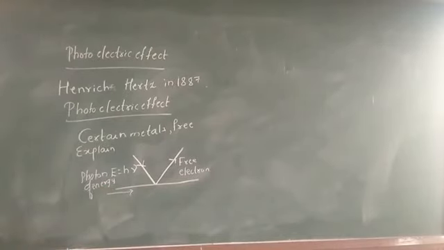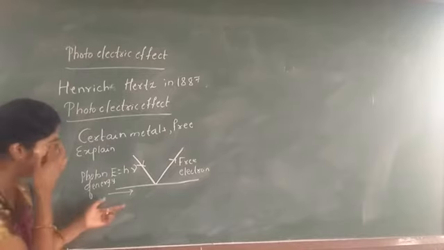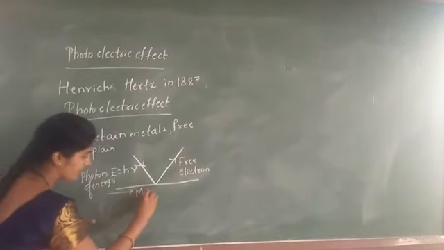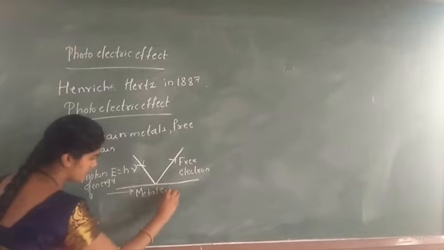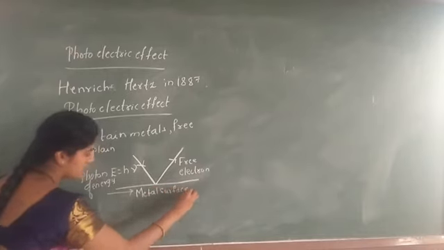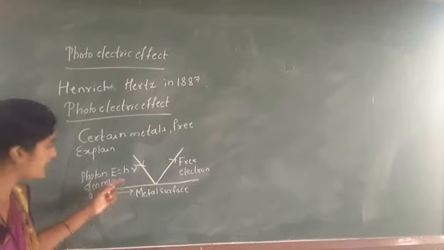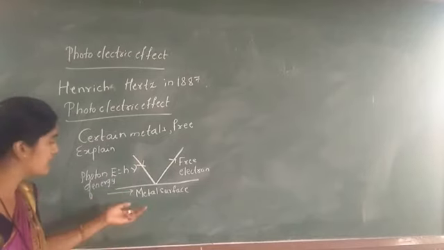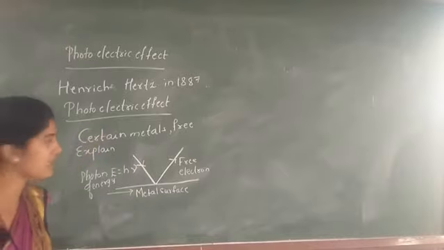When the radiation is made to fall on the metal surface, some radiation is emitted in the form of free electrons. That we are calling the photoelectric effect.